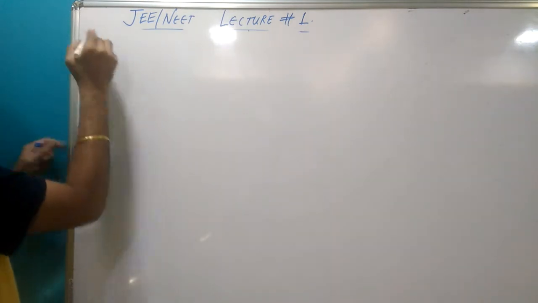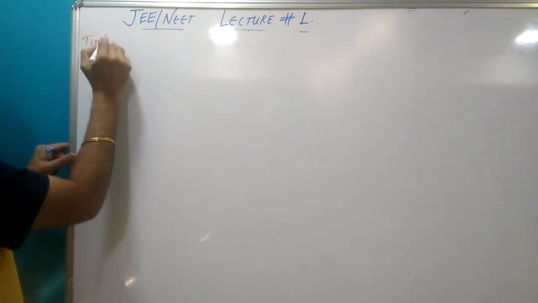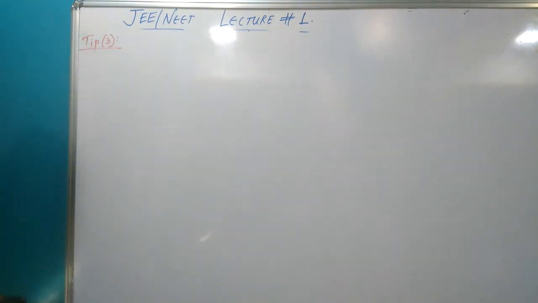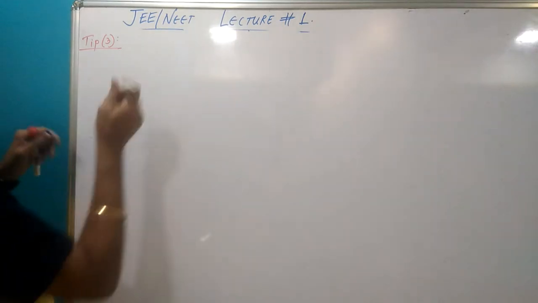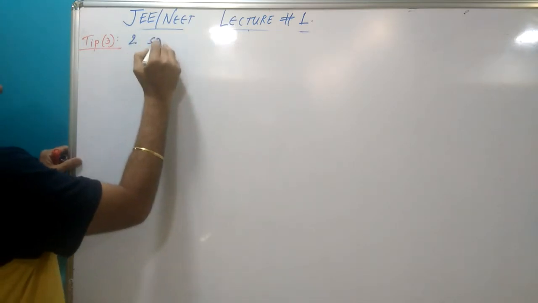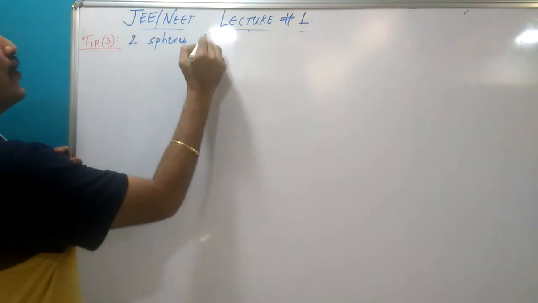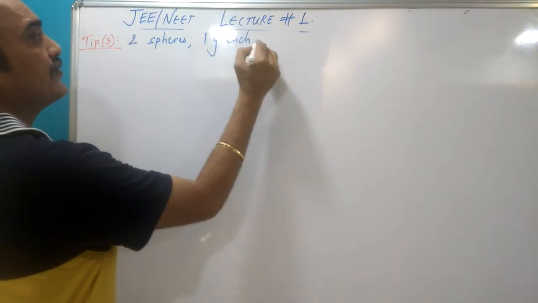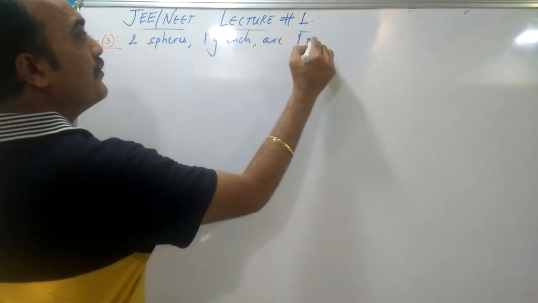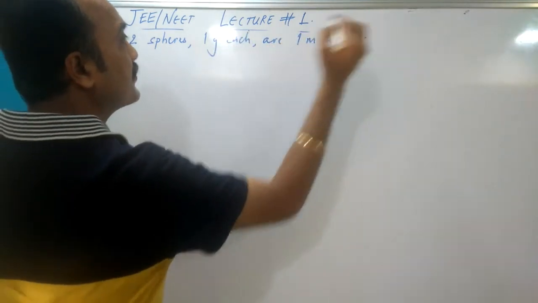So that's the entire idea. This is called tip 3. We are looking through so many tips. Two copper spheres. Are there two copper spheres? Yes, there are two copper spheres, and they are 1 gram each. Two spheres, 1 gram each, are 1 meter apart.